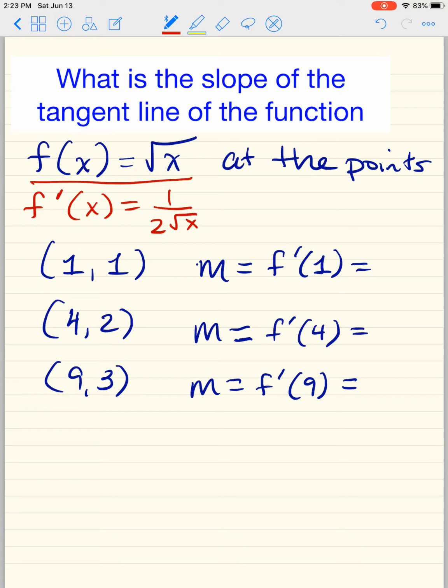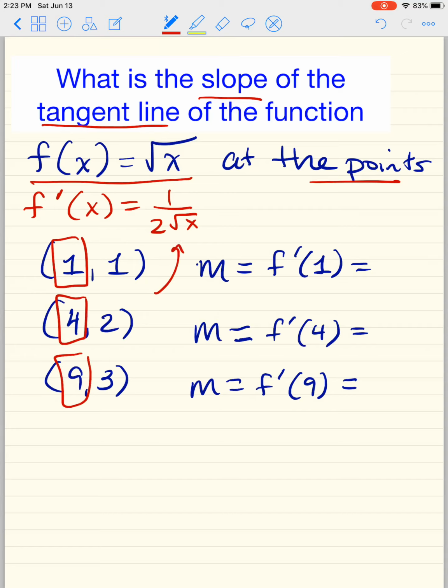Now that we have that, we're able to find the slope of the tangent line at these points by just substituting these x values into the derivative. So f prime of 1 is equal to 1 over 2 rad 1, so that's 1/2. 1 over 2 rad 4, so that's 1/4. 1 over 2 rad 9.